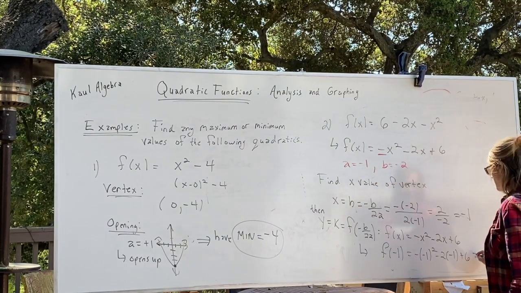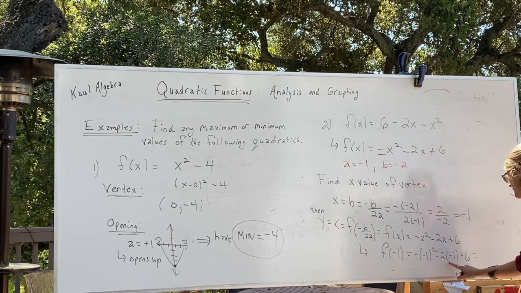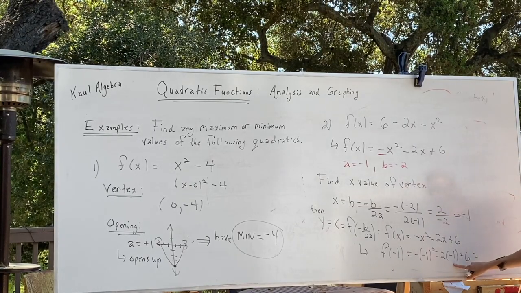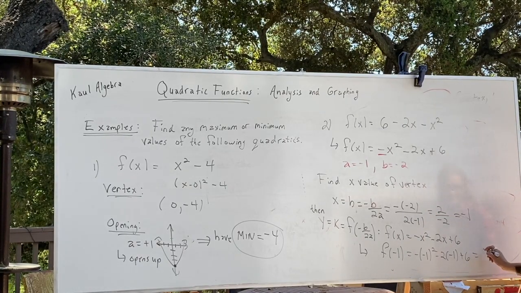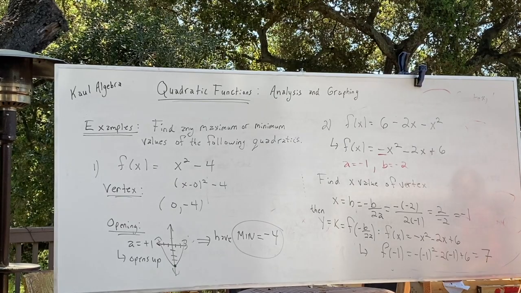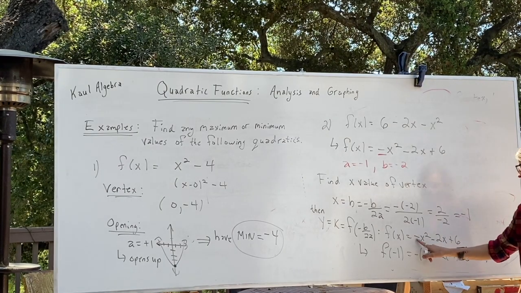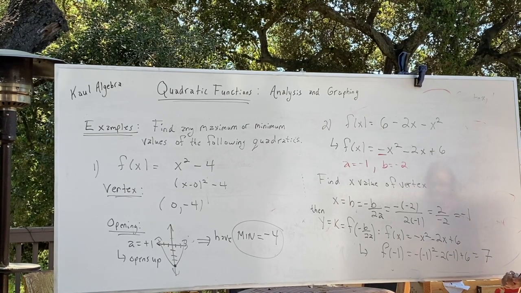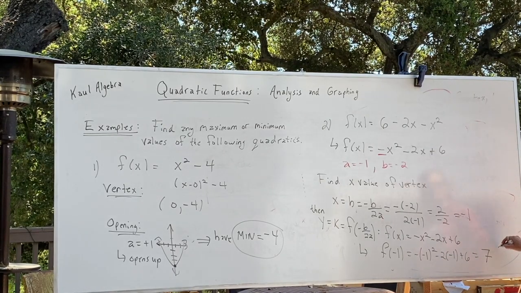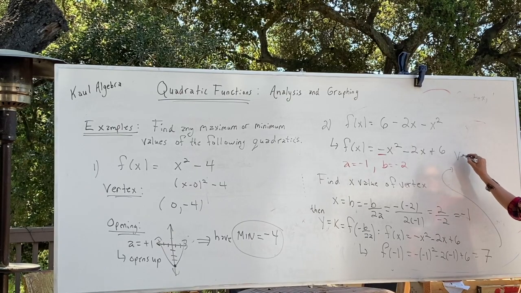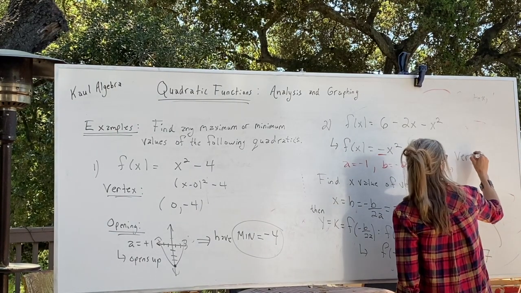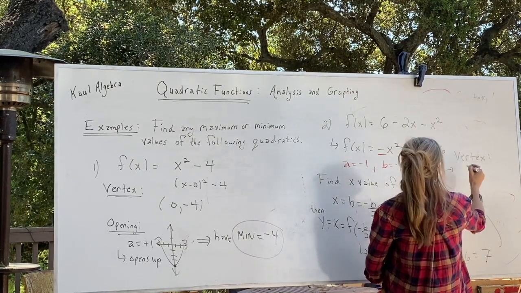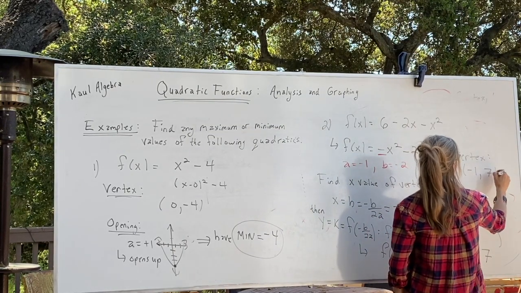So this will equal negative 1 plus 2. So negative 1 plus 2 will give you plus 1 plus 6, which would be 7. Okay. Double checking my work here. Negative 1 plus 2, 7. Good. Okay, so my vertex altogether is going to be negative 1, 7.